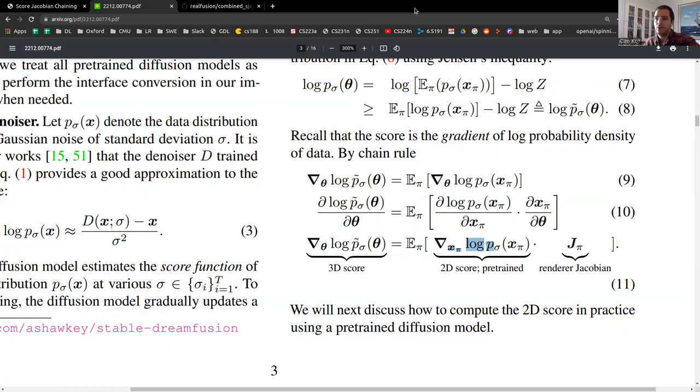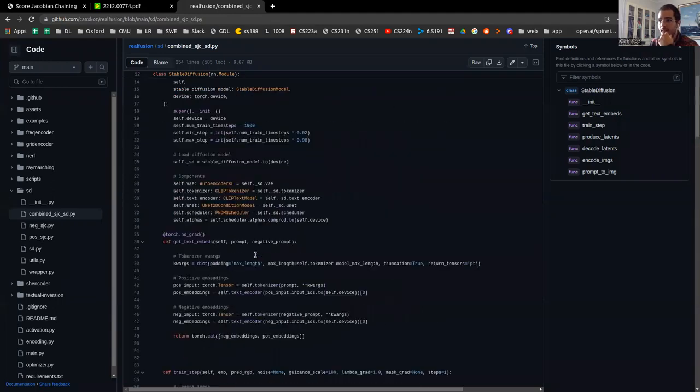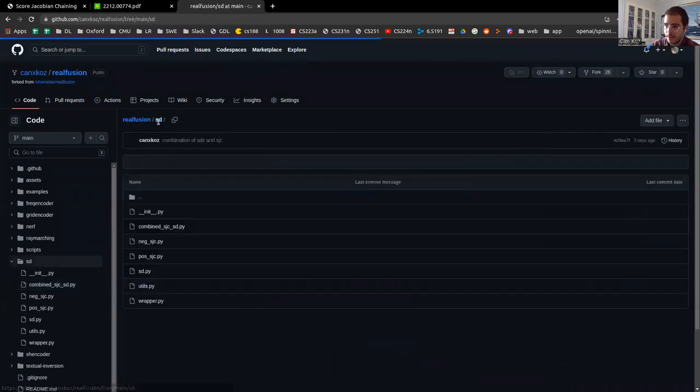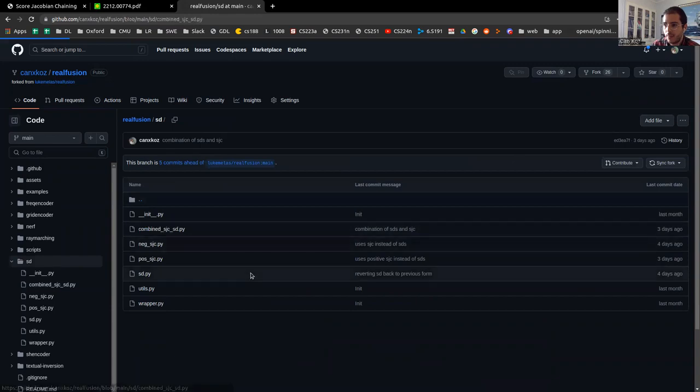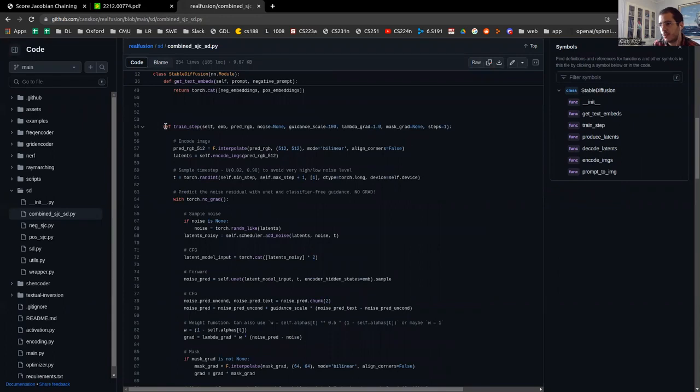I will now move on to how I implemented Score Jacobian chaining, how I replaced score distillation sampling, and how I combined the two. So here, inside the SD folder, I've added this combined SJC SD file, and inside I basically changed the train step function. I will first present the combined version.